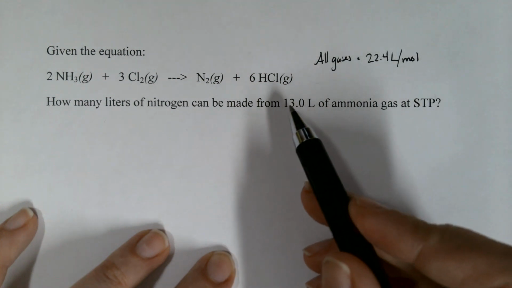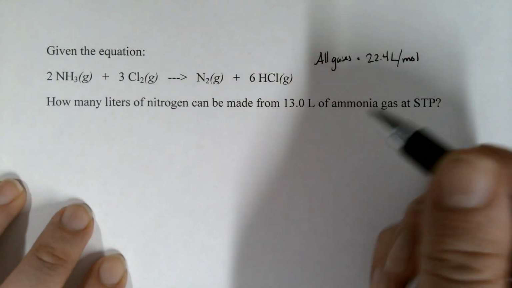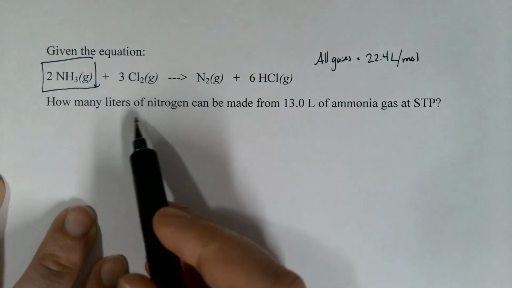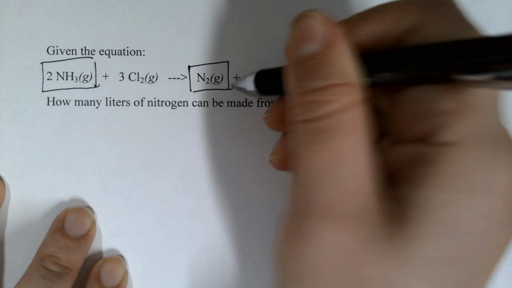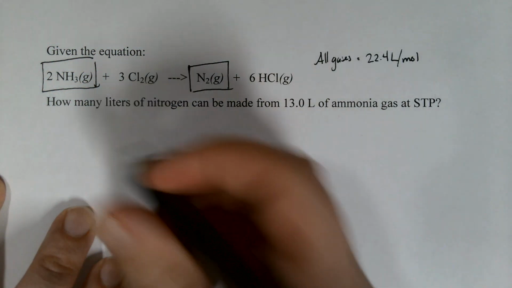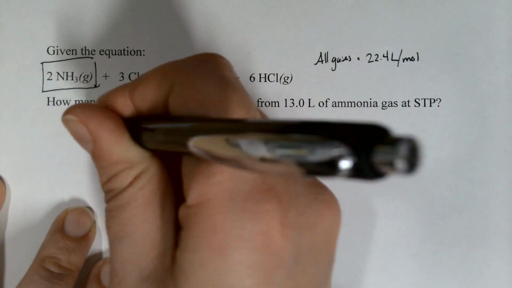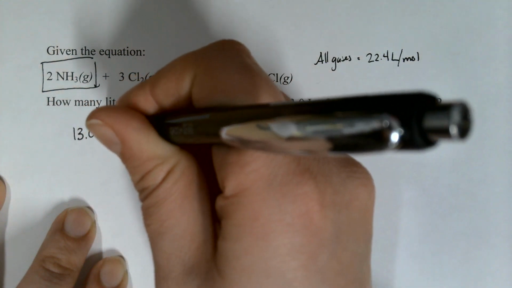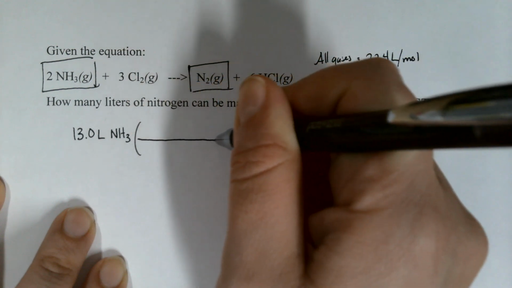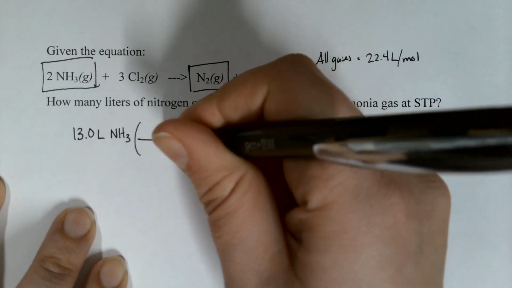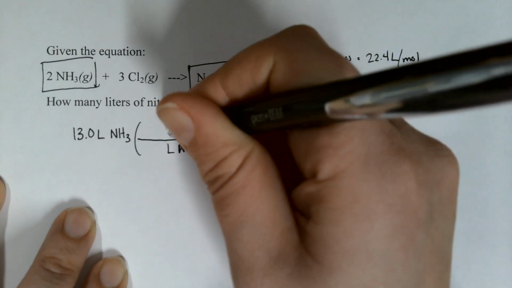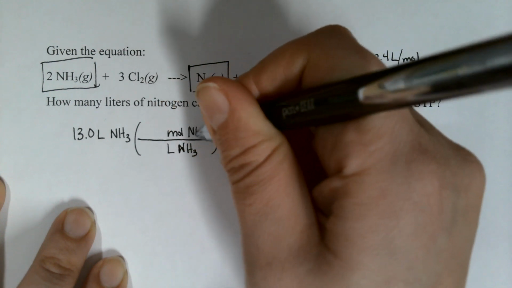So let's start with our given amount. We're starting with ammonia, which is right here, and we're going to finish with nitrogen, which is right here. So start with 13 liters of NH3. Our first step will be convert that from liters of NH3 to moles of NH3.